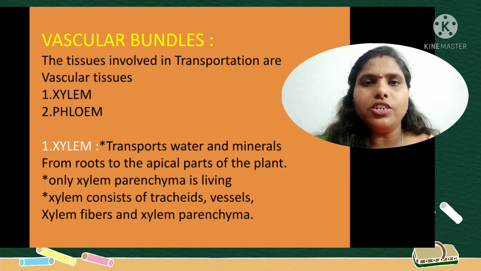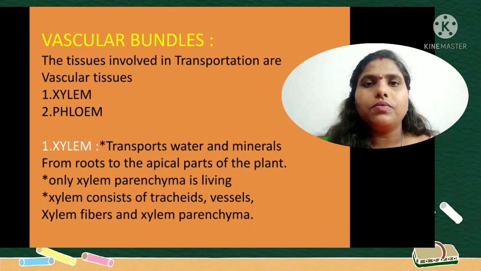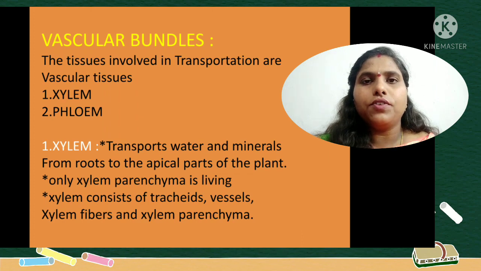This vascular tissue is again differentiated into 2 types of tissues: one is xylem and the other is phloem. Xylem tissue mainly helps in the conduction of water and minerals from the root part to the apical parts of the plant.